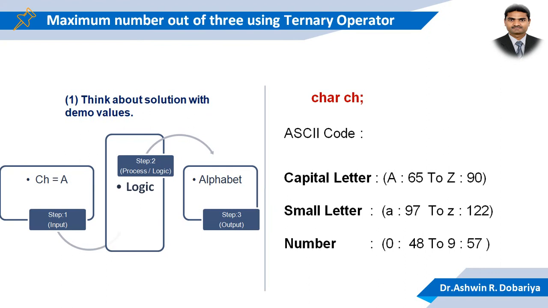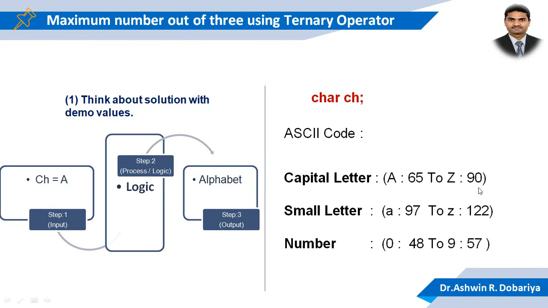For example, the capital letter ASCII codes start from 65. Suppose the ASCII code of capital A is 65. Then obviously the capital B ASCII code is 66, then C is 67, then D is 68. The last character, capital Z, has ASCII code 90.